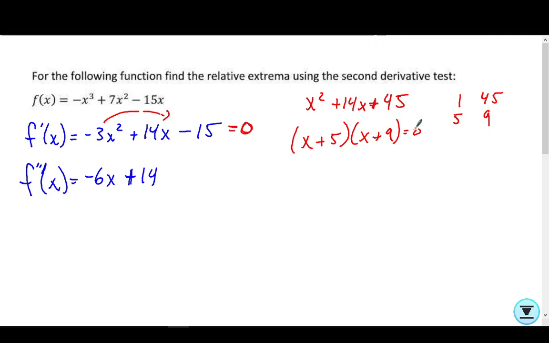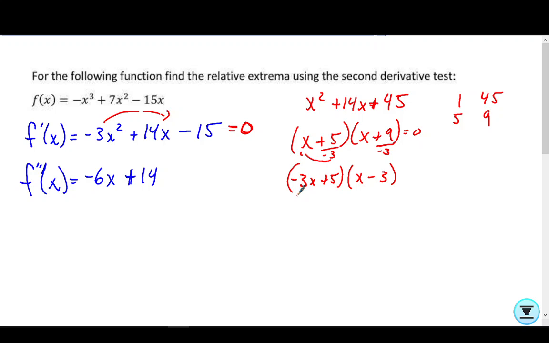Okay, but then we have to divide by -3 on both of them, since that's what we multiplied by. And since here we're going to get x, and positive 9 divided by -3 is -3. But here we cannot, so we slide it back and we get -3x plus 5.